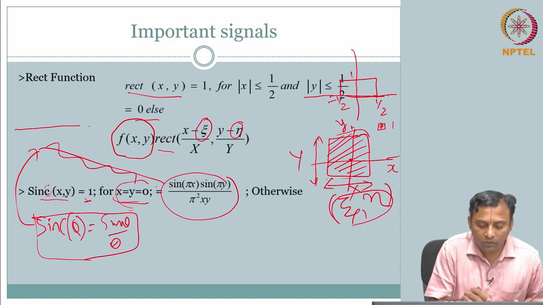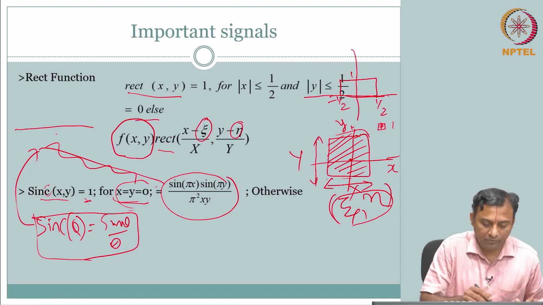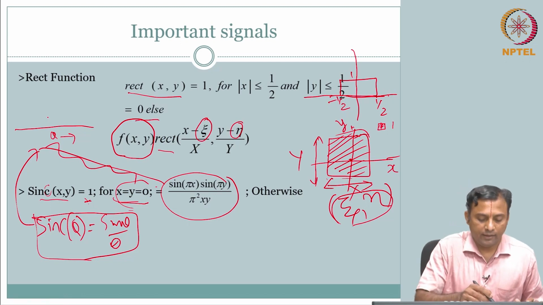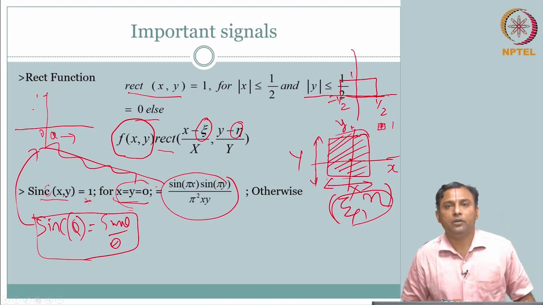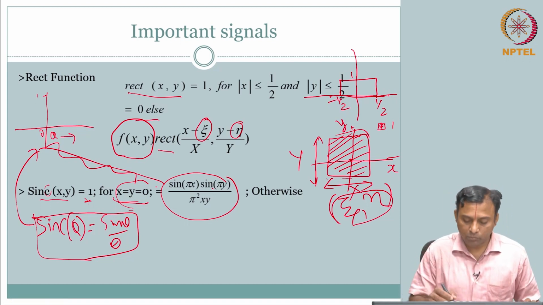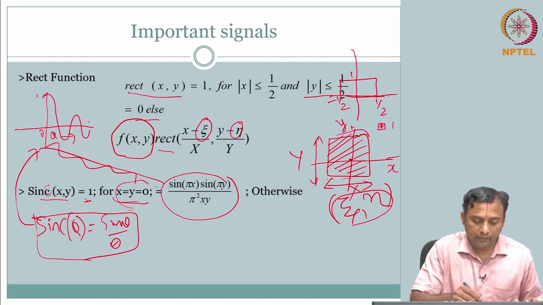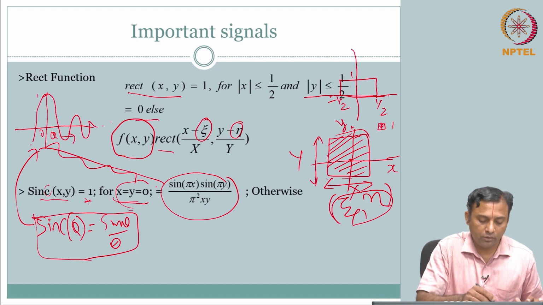So, how does the 1D look like? I have some variable, and I have to have the maximum value at the origin, and at other locations it moves like this, goes right, and so on and so forth.